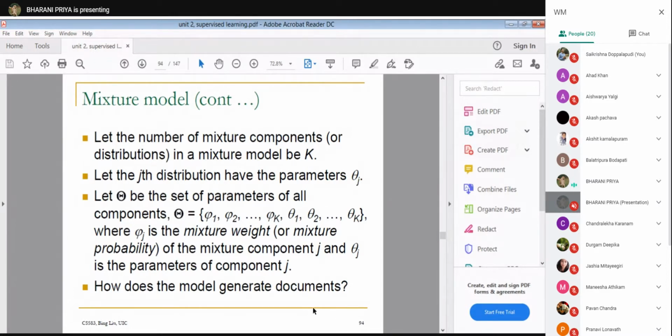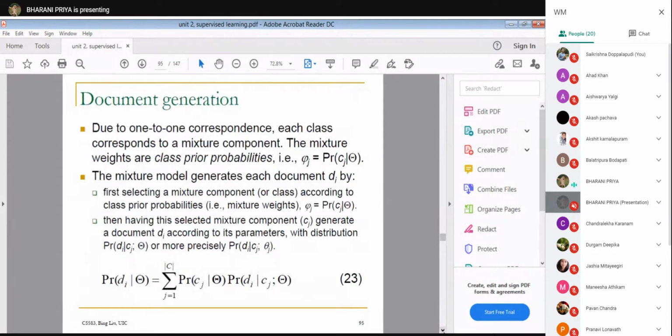So with these parameters, how will the model generate the required documents? That means classify the documents. Due to this one-to-one correspondence, each class is a mixture component, and the mixture weights are considered as prior probabilities. The mixture model generates each document by first selecting a mixture component according to the class prior probability.